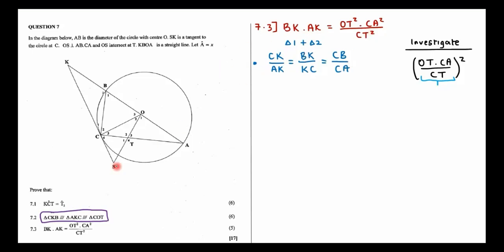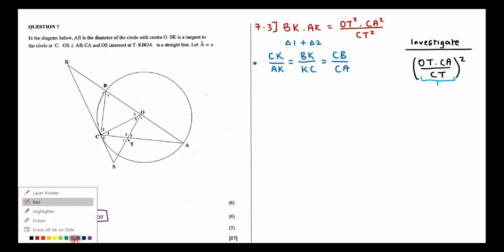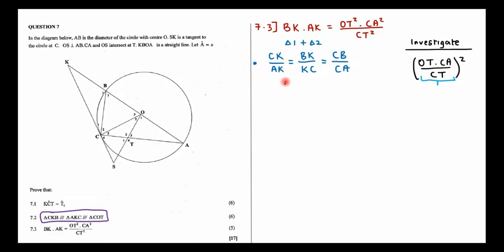Okay, so after I'm done with that, I'm going to look into the second triangle. So the second triangle is triangle 2 with triangle 3. From there, I'm going to write the similarity that I get there. All right, let's see here. You can see that we're having AK over CO. There's no CO there, so I'm going to write it as CO. So it means this is going to be something new.